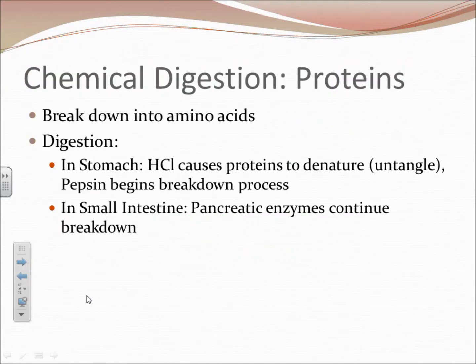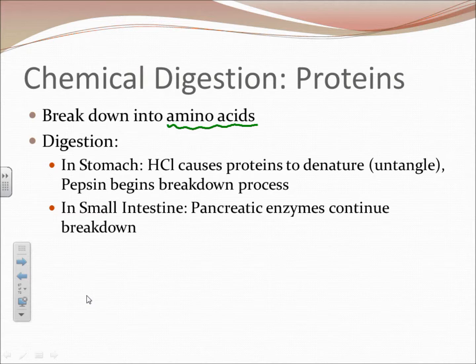Proteins, in order to be absorbed into the bloodstream, have to be broken down to their smallest component, which are amino acids. Most of this digestion occurs in the stomach because hydrochloric acid breaks the proteins down and unravels them.